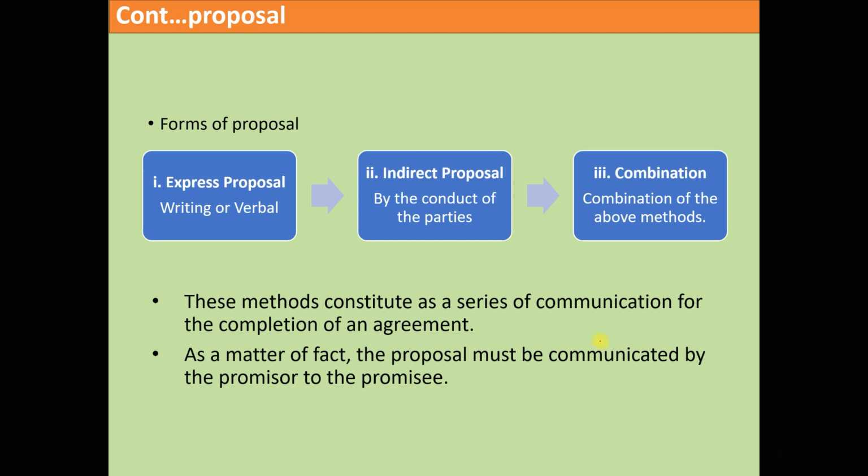So what kind of form of proposal? The proposal can be an express proposal, where express means clear and direct, for example writing or verbal. So it's very clear and direct. To be more clear, writing is better.